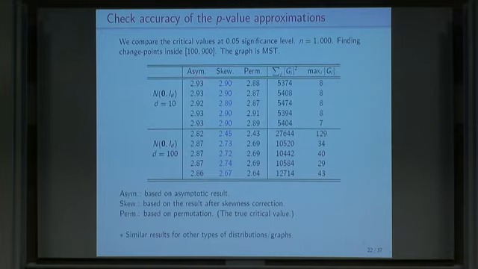But as we increase the dimension, we see that the graph constructed here can have pretty huge hubs. For example, in this case the maximum degree is 129 out of a total of 1,000 observations. So this is a pretty huge hub, and the conditions for the asymptotics do not hold.